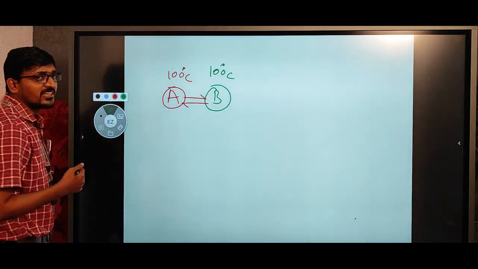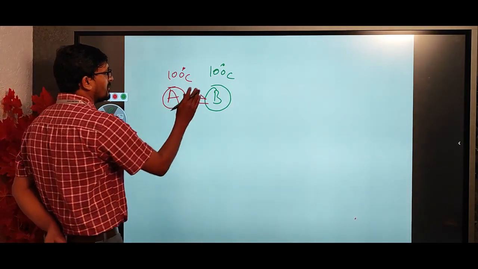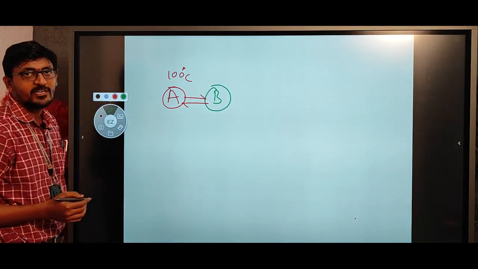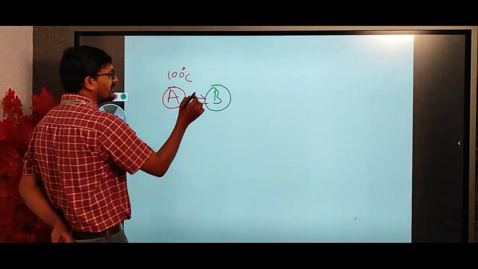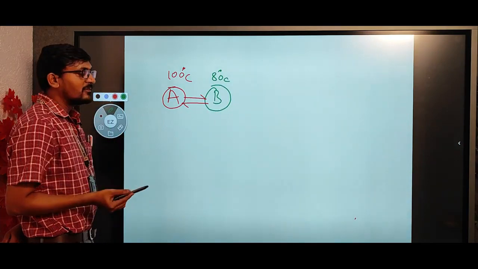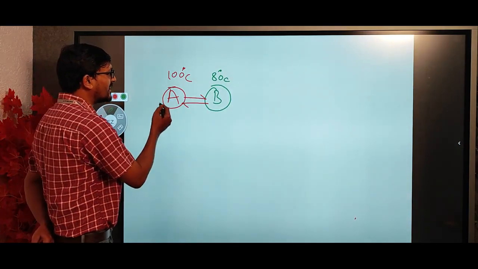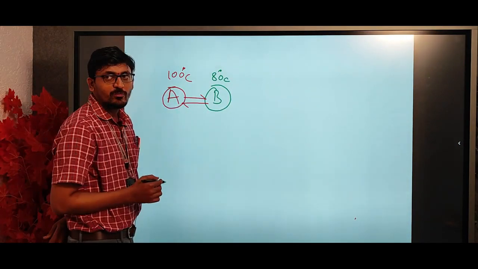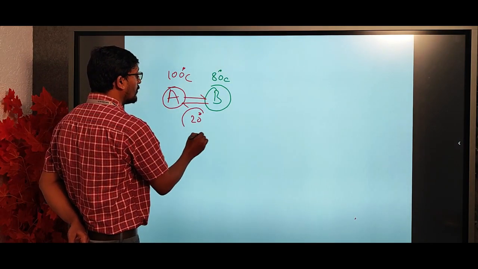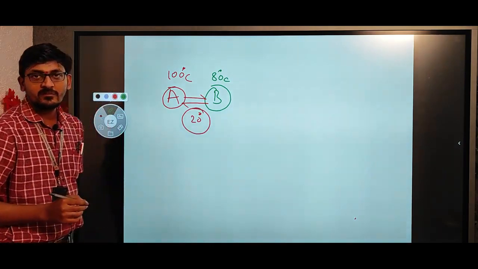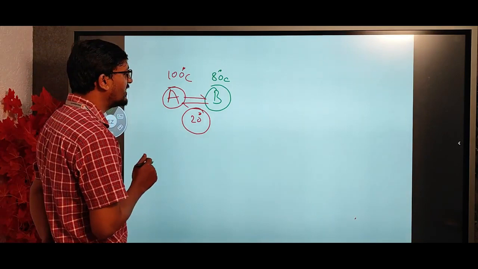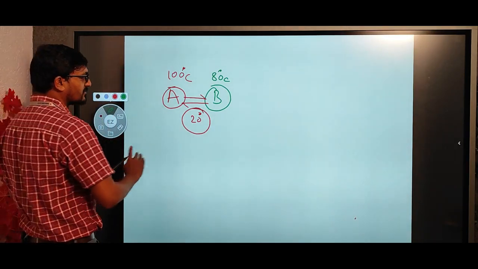Then when is this heat transfer possible? If any one of the bodies is having a lower temperature when compared to the other, suppose 80 degrees Celsius for body B. Now heat transfer takes place from body A to body B because there is a temperature difference between body A and body B. What is the reason for heat transfer? Due to the temperature difference, right?